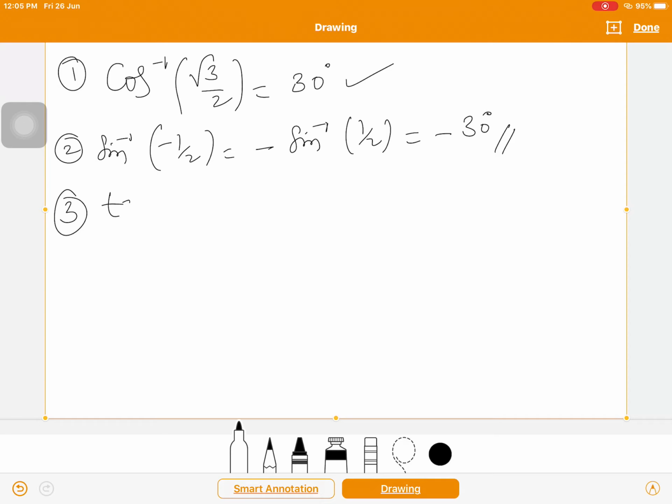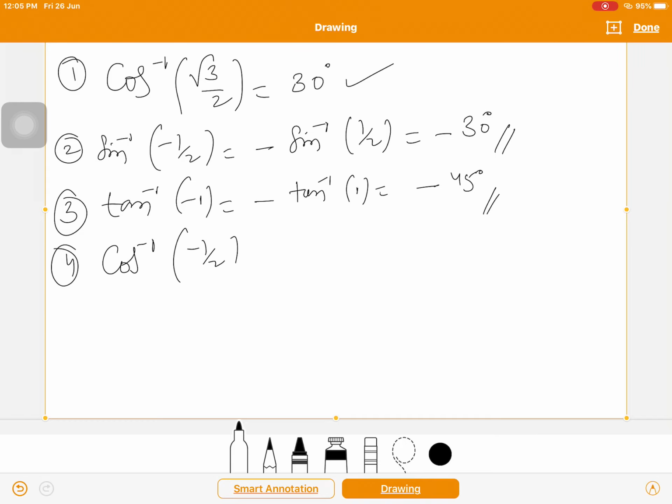Now one more question: tan inverse of minus 1. I am unable to find minus 1 in the tan table, so I apply the formula: minus outside, tan inverse of 1, which is minus 45 degrees. Same like this, cos inverse of minus 1 by 2.